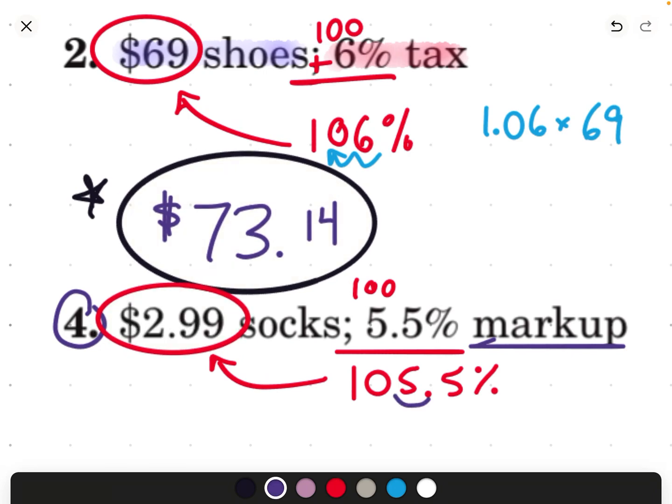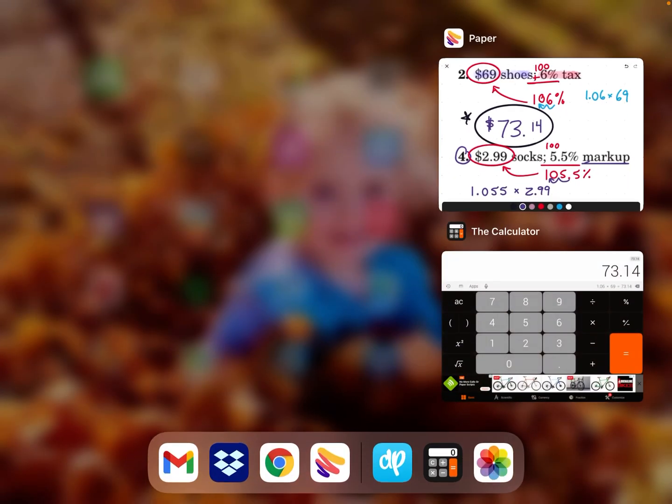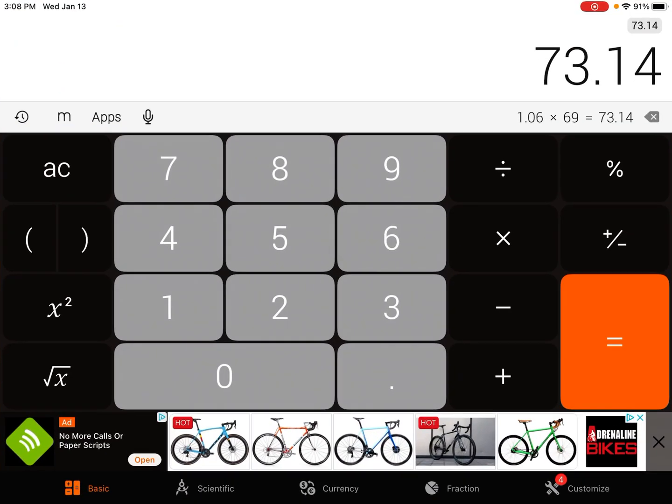Again, still got to go two to the left. Even though we see that decimal there, I know a lot of people will miss a problem like this because they're not swinging that decimal two to the left, especially in a problem like this. But for your calculator, 1.055, all that still falls in line, times 299. We'll see how much they're going to mark this up for. 299 times 1.055.